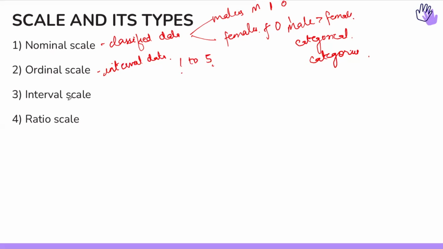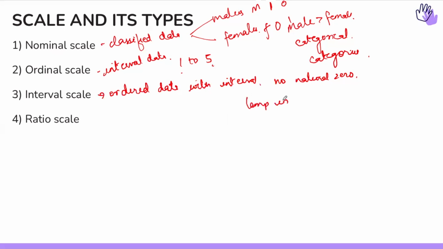Then third we come to the interval scale. Interval scales deal with ordered data with intervals. This is a constant scale, but it has no natural zero. And here differences do make sense. An example of this kind of data is temperature, in degrees Celsius or Fahrenheit.